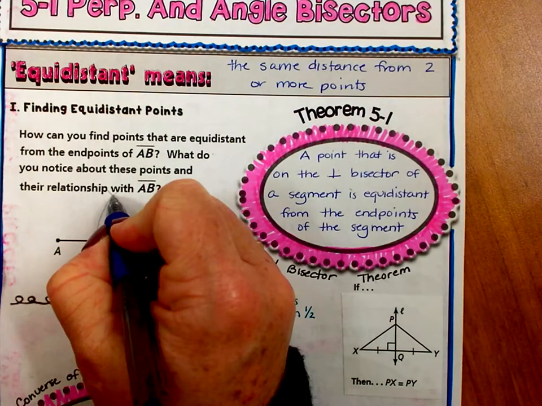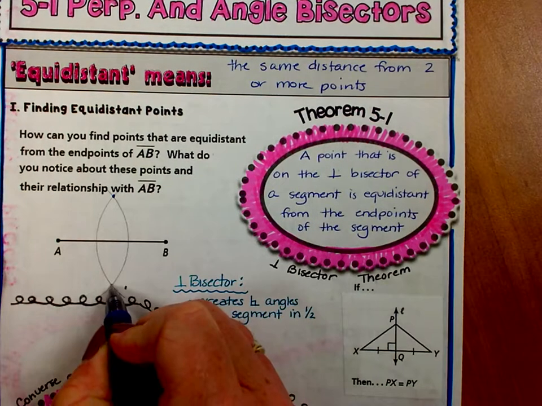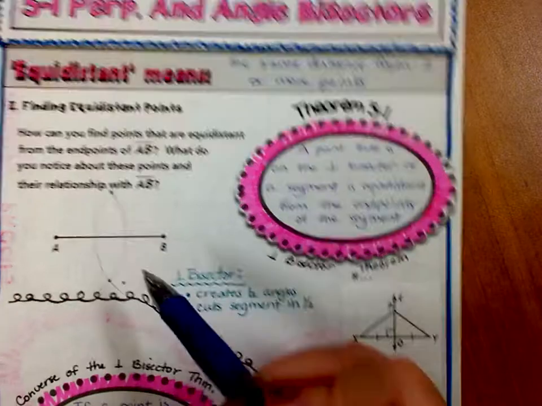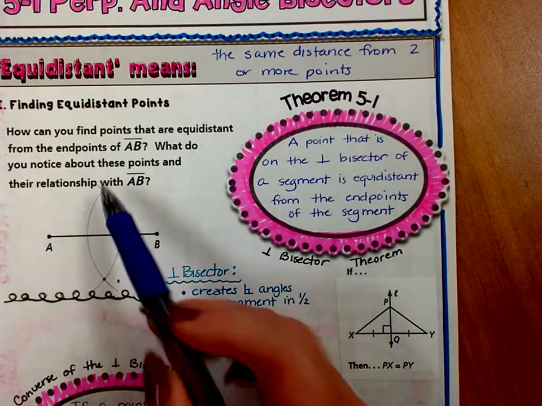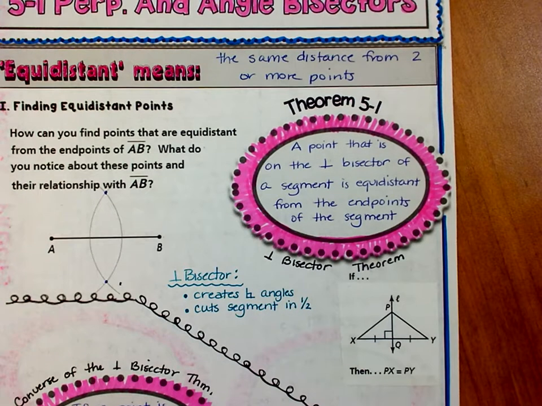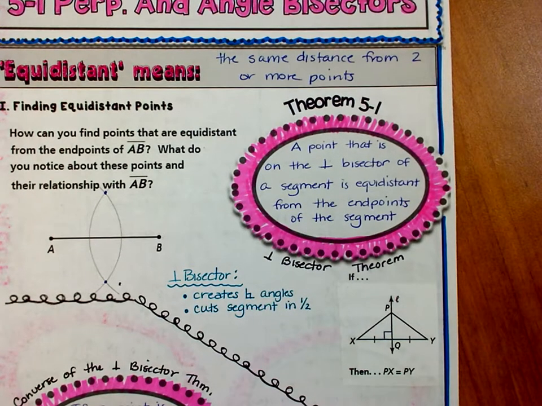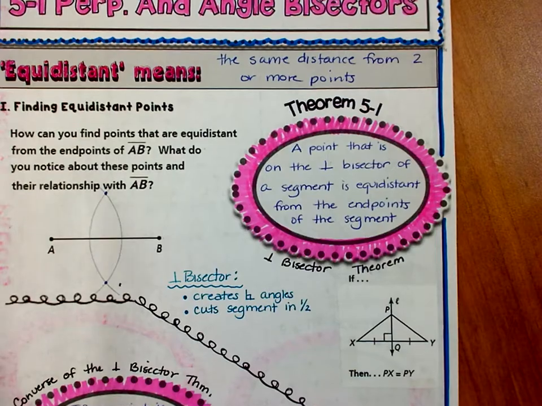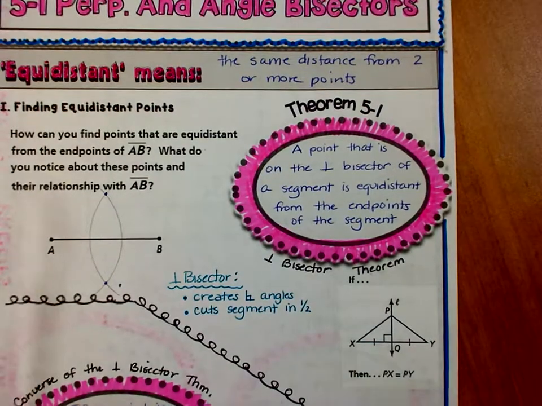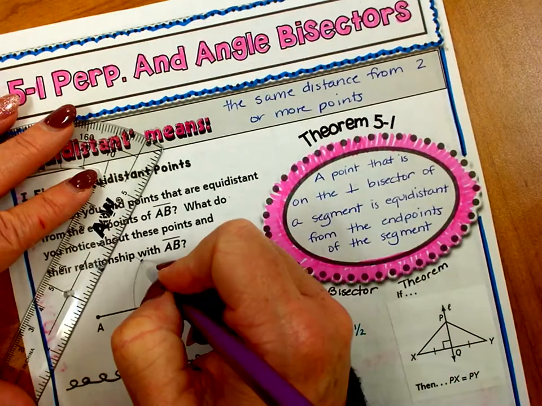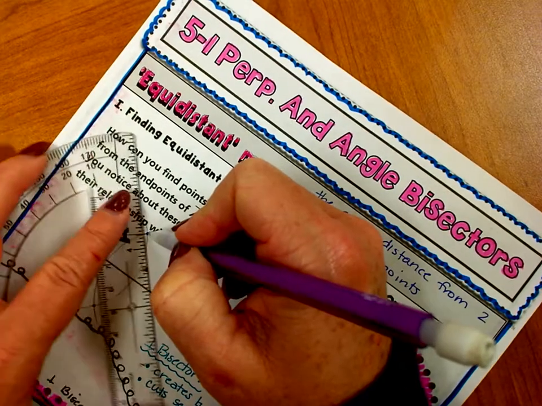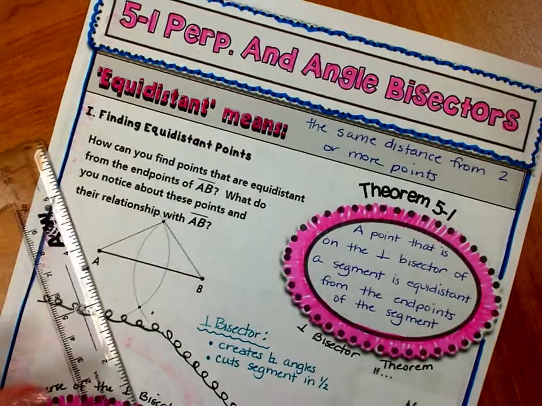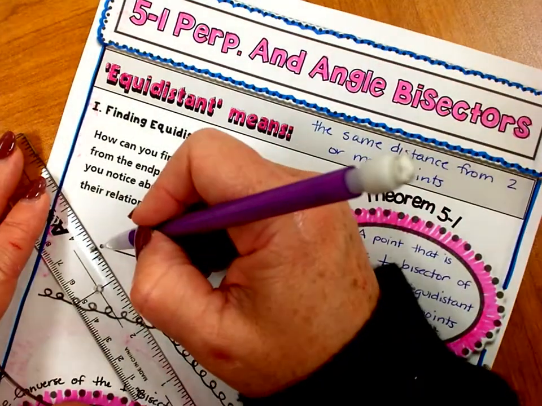And these two intersection points are going to be the same distance from point A and point B. So, if I go ahead and connect those with a straight edge, and then I measure them, and let's go ahead and connect the second set too.